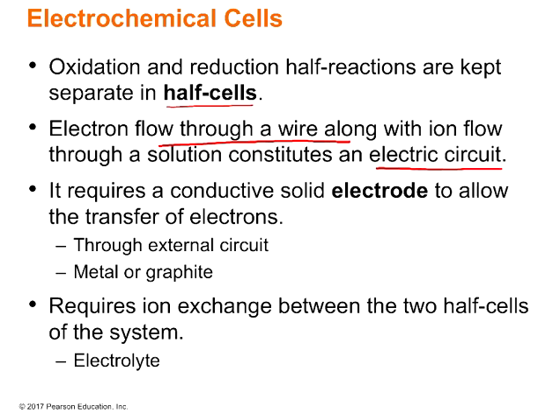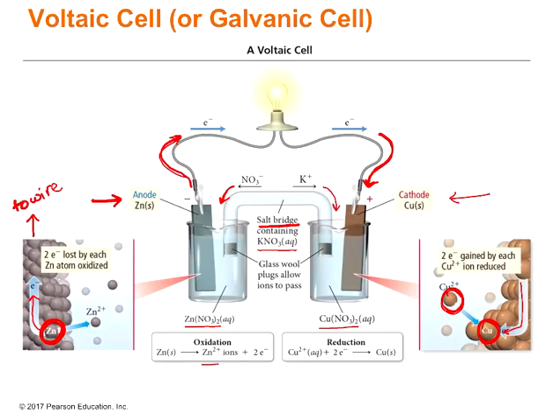So electrochemical cells require a conductive solid electrode to allow the transfer of electrons. So that's going to be the metal that we saw. So the electrodes are zinc and copper. So those are our two electrodes. Now the electrodes can take different forms.